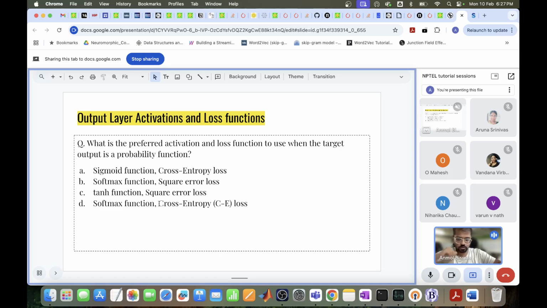The softmax function does generate probability distributions as the output, and the most appropriate loss to use for it is the cross entropy loss.